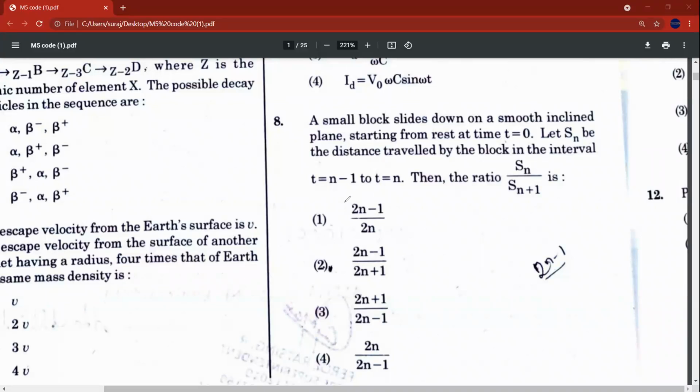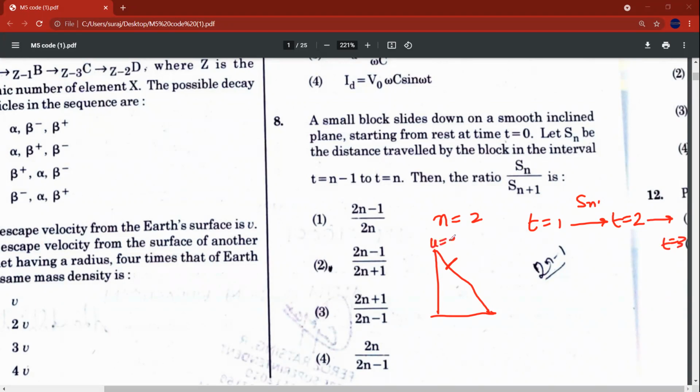If n is equal to 2, what I want is the distance traveled between 1 and 2 seconds, that means between t equal to 1 to t equal to 2 seconds. This is given as Sn. And n plus 1 means 2 to 3 seconds.